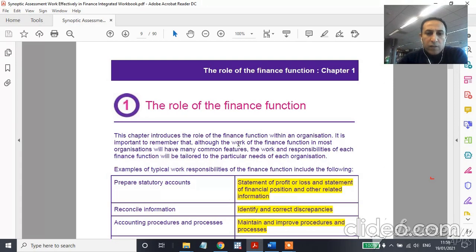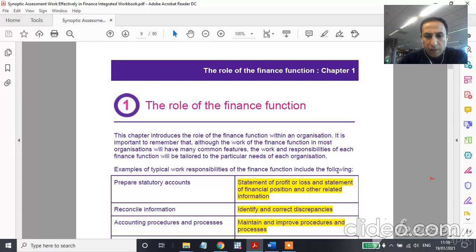It is essential to remember that the work of the finance function in most organizations and companies will have many common characteristics, and those characteristics are responsibility, accountability, and tailoring to the particular requirements of each organization.